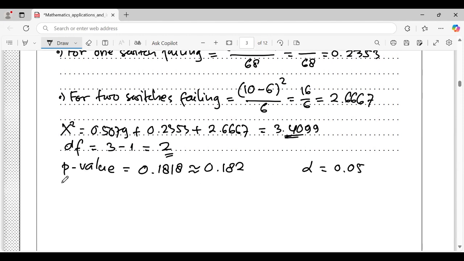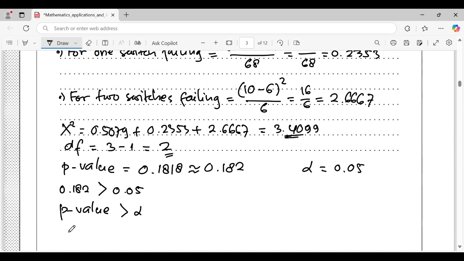Okay, so 0.182 greater than 0.05, or p-value greater than alpha. Alpha is the significance level.